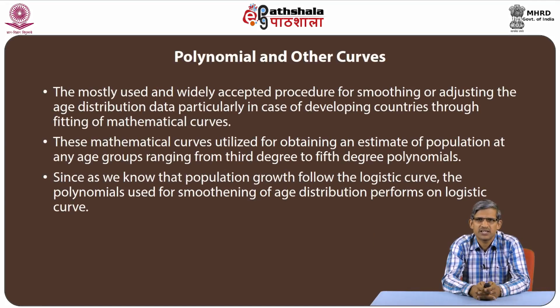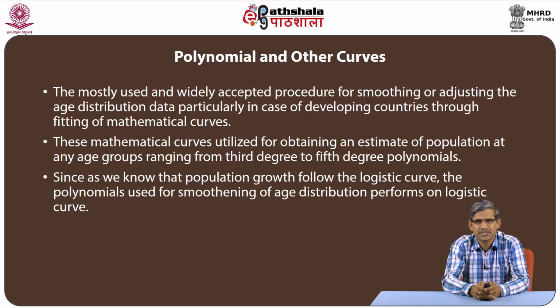Therefore, the second method, which is often adopted for smoothing the data, is known as polynomial and other curves, which are used for adjusting age distortions. The polynomial is the most widely used and accepted procedure for smoothing and adjusting age distribution data, particularly in developing countries, and this is done through fitting a mathematical curve.